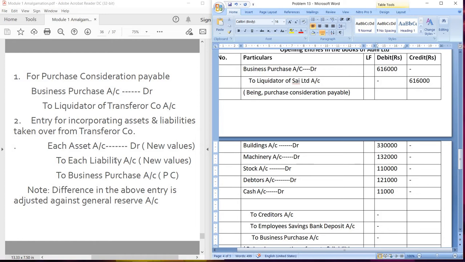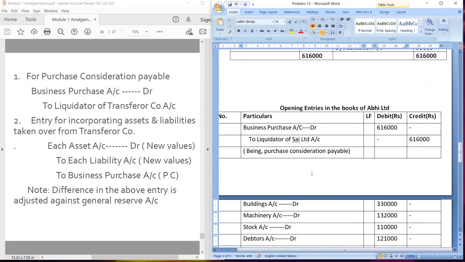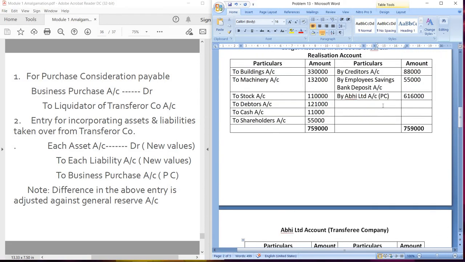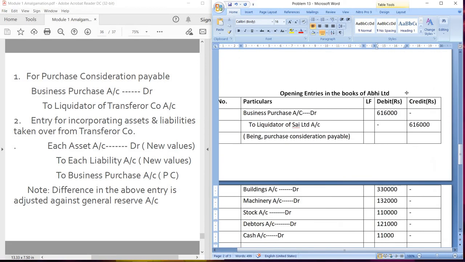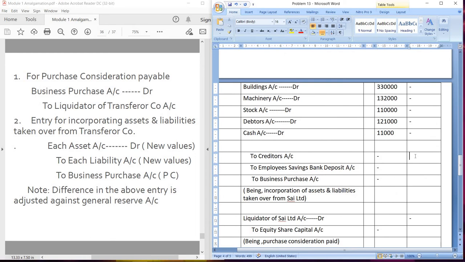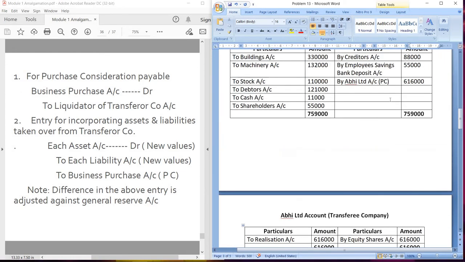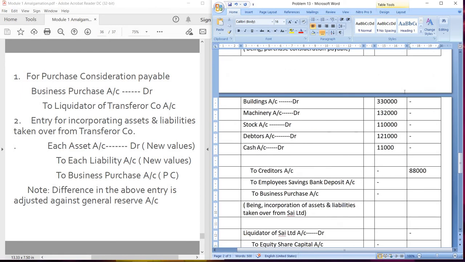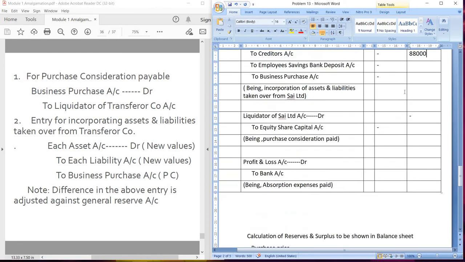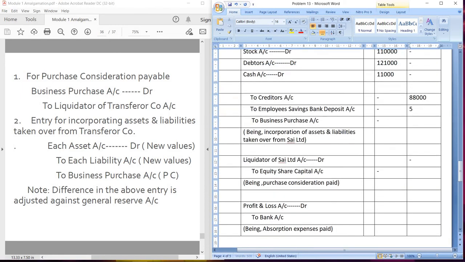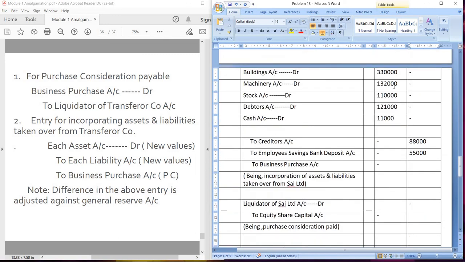To each liability account, so we have to take outside liabilities. To creditors account, the amount of creditors is 88,000. Next, to employee savings bank deposit account, amount is 55,000. To business purchase account, this will be the amount of purchase consideration, that is 6,16,000.